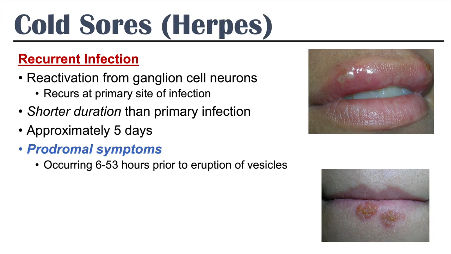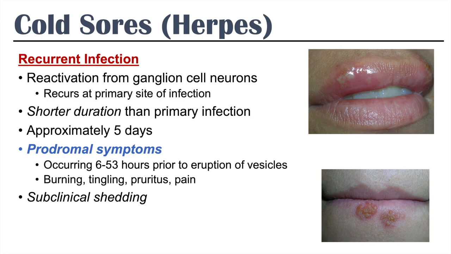So you may feel that with 6 to 53 hours prior to eruption of the vesicles, you have this feeling of burning, tingling, maybe itchiness, pruritus, or pain in that area. So you can just feel something coming on with your lip. And so once you have the prodromal symptoms, you're going to have an eruption, and that's your recurrent infection.